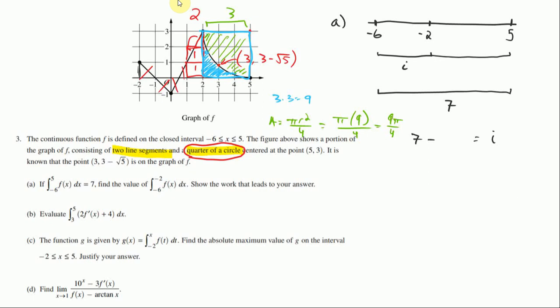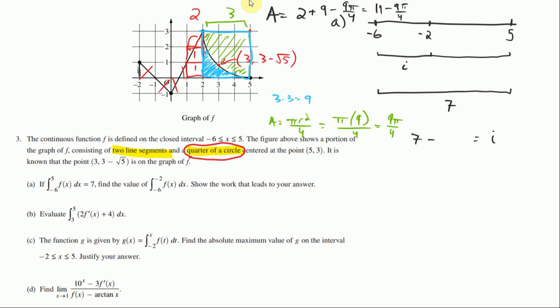Right. So now this entire area, this entire integral, will be equal to, looks like it's 2 plus, that's 9 minus 9 pi over 4. That should be equal to 11 minus 9 pi over 4.